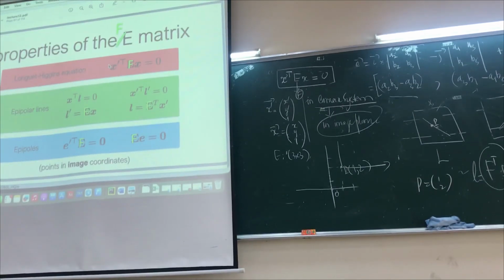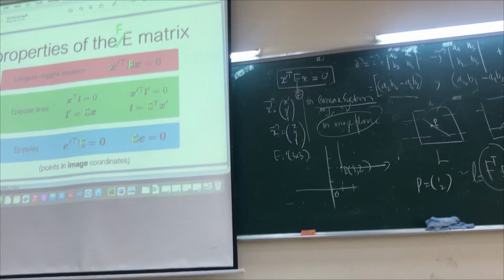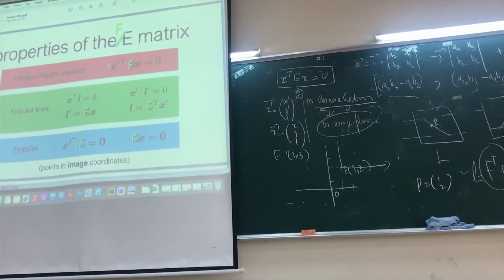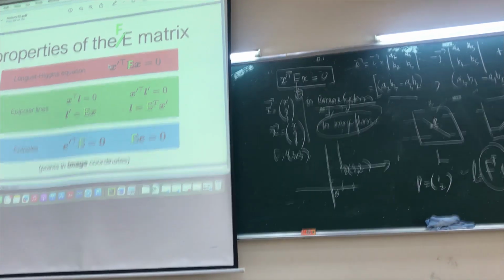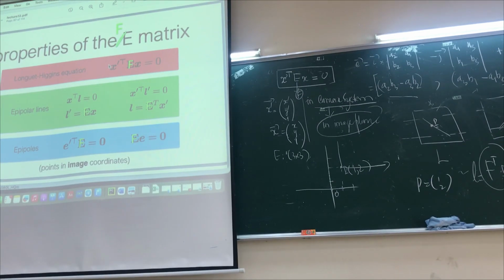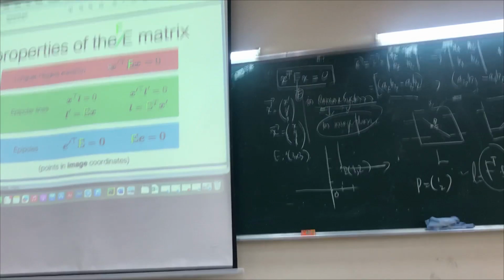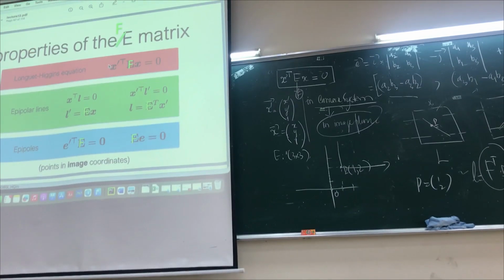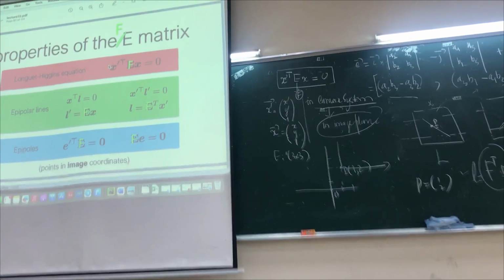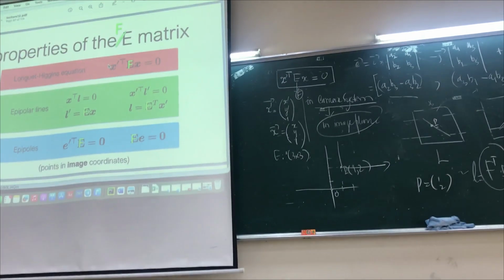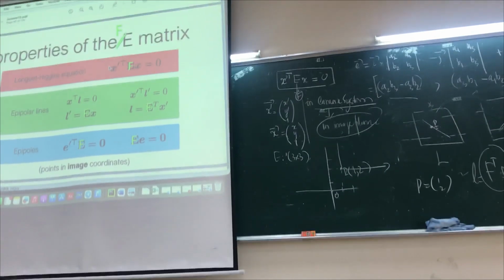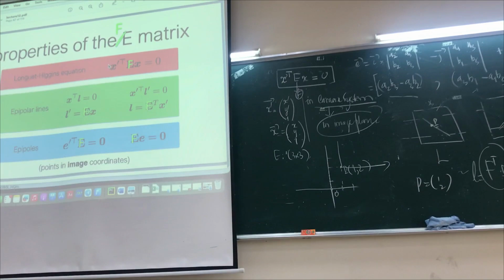But usually, if the model is parallel, you know where to search in the other image, on the same scan line, the same row. But if there is some convergence, you search on the epipolar line. Remember, the epipolar lines on two images are very important. Why?